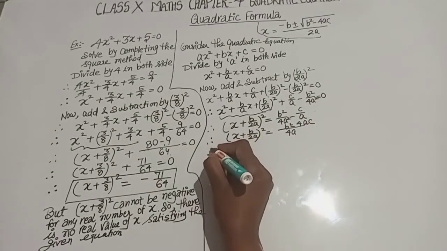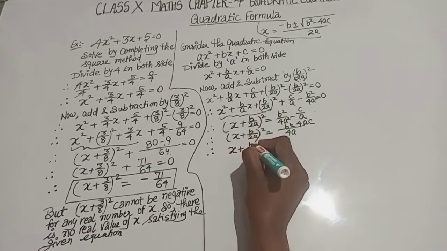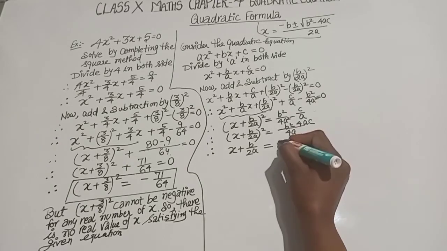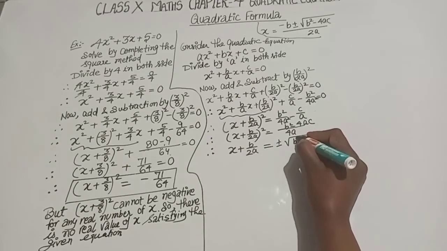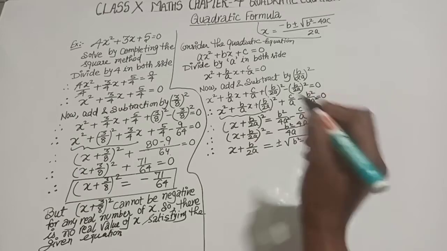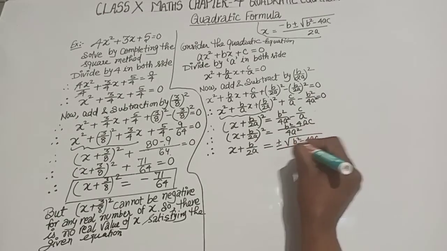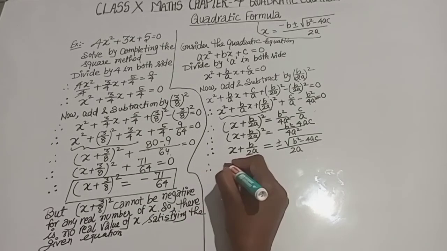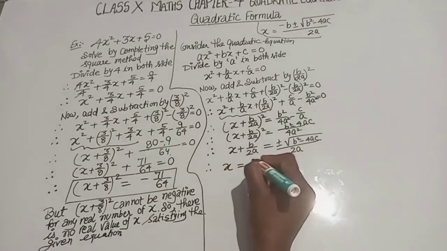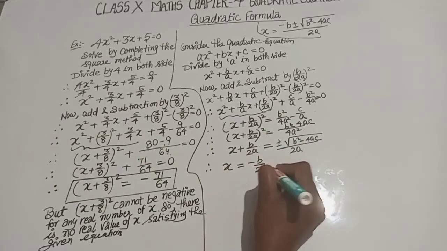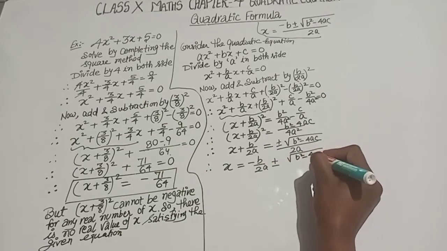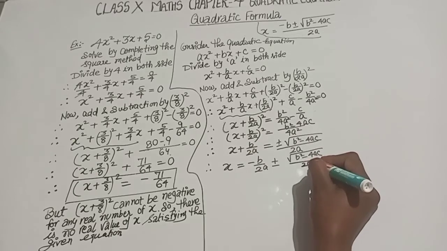Okay, so x plus b by 2a is equal to plus minus square root of b square minus 4ac over 2a, because the square root of 4a square is 2a. So x is equal to minus b by 2a plus minus square root of b square minus 4ac upon 2a.